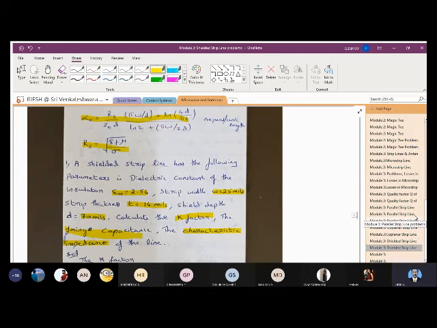Annapurna, what is the answer for K? Harshita, Mala, Chandan, Ravi Teja, what is the answer for K?